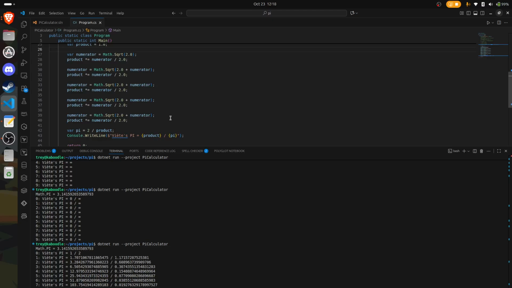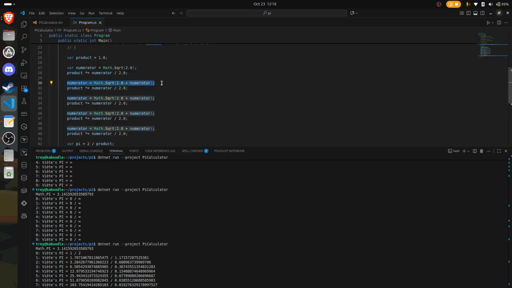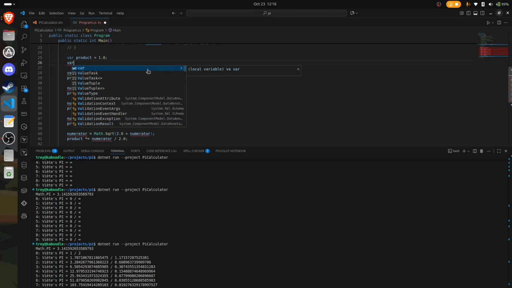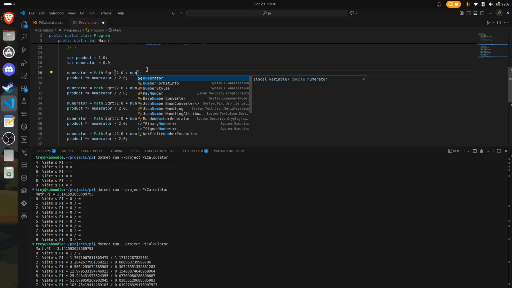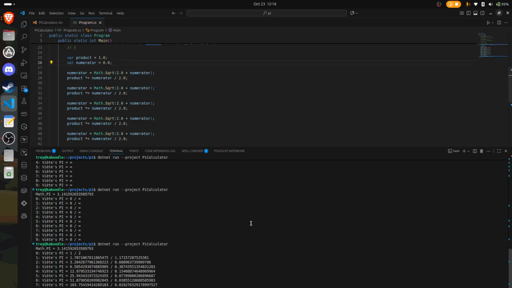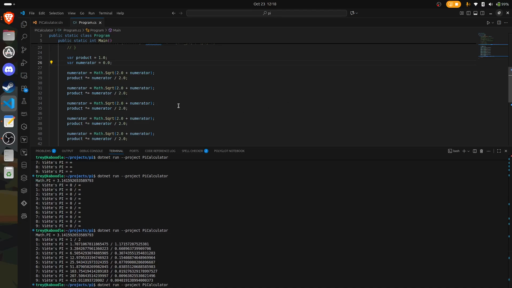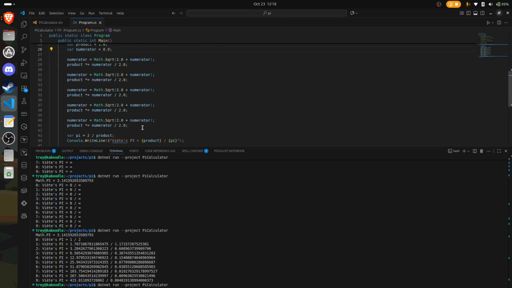Multiply it by the numerator, divide by 2. Numerator is doing the exact same thing on every one except for the first. Okay, that is looking better. Now that is something that we can put in a loop, because it's doing the exact same thing every time.